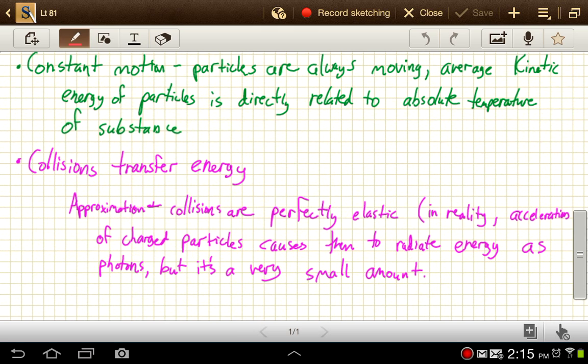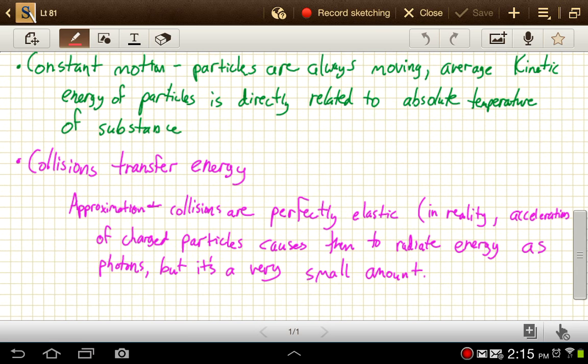So these particles are made up of smaller pieces, protons and neutrons and electrons. And protons and electrons are both charged particles. And we'll talk later on in electromagnetism about how when you accelerate a charged particle, it radiates photons. It lets loose light, basically, electromagnetic radiation.